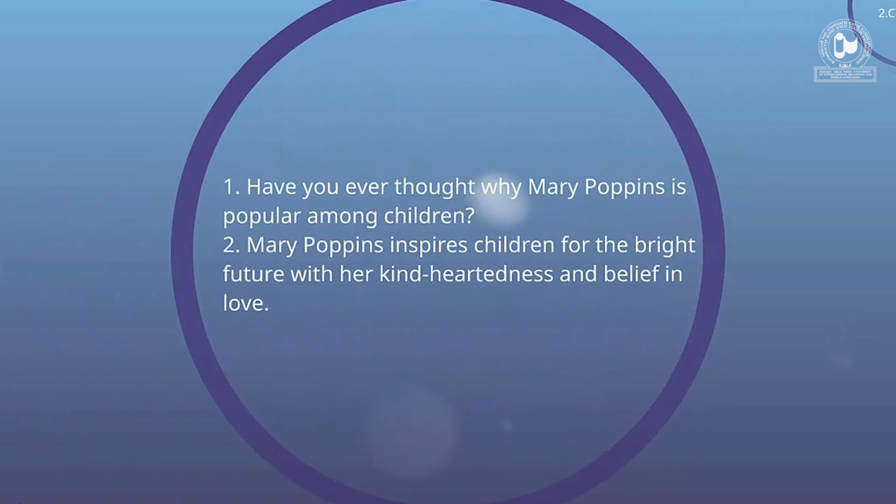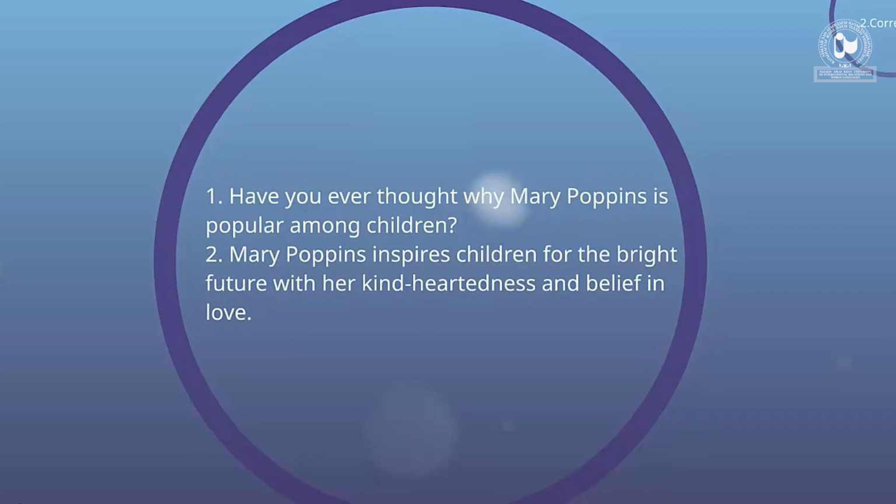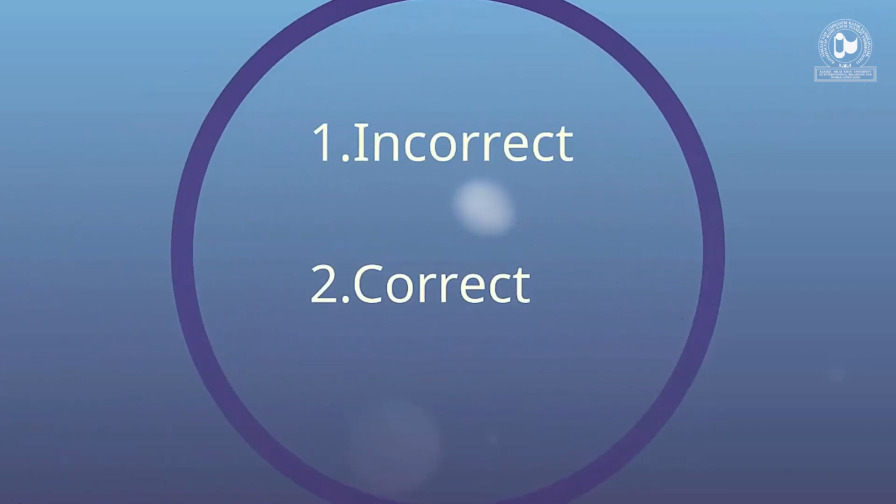Take a little time and say which of these examples is correct and which is incorrect. Right, the first is incorrect and the second is correct. "Have you ever thought why Mary Poppins is popular among children?" is incorrect as it does not introduce your position to the topic.